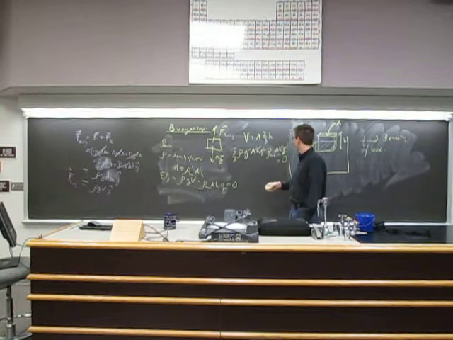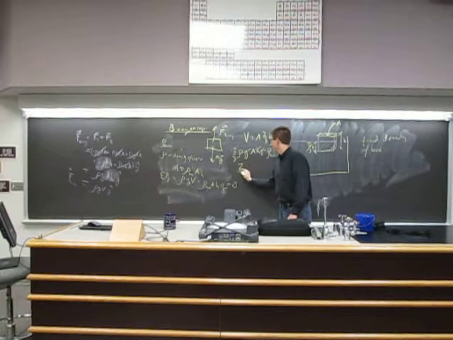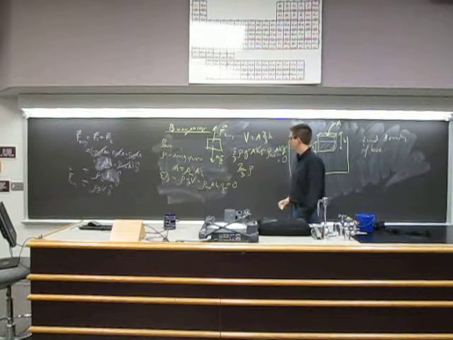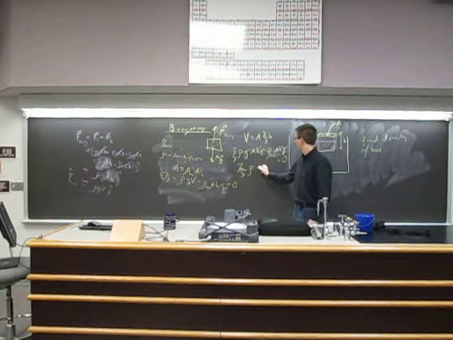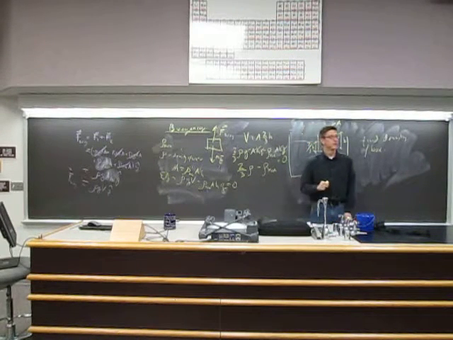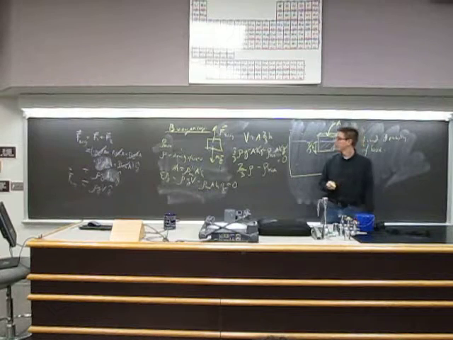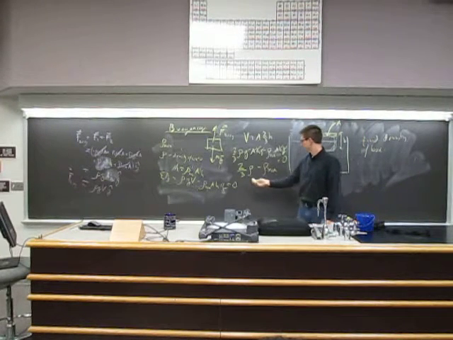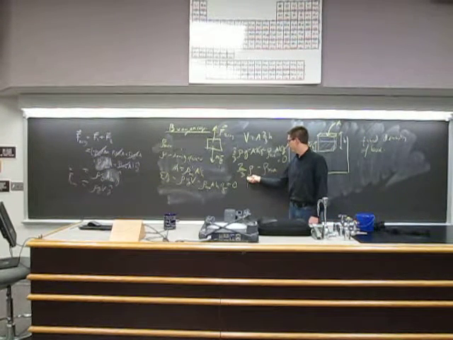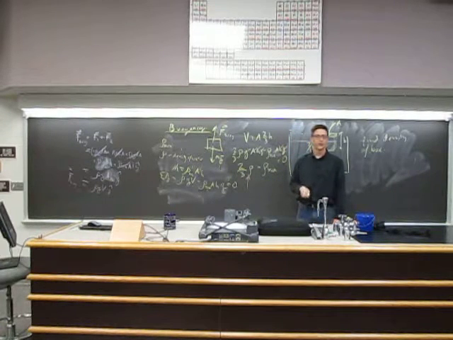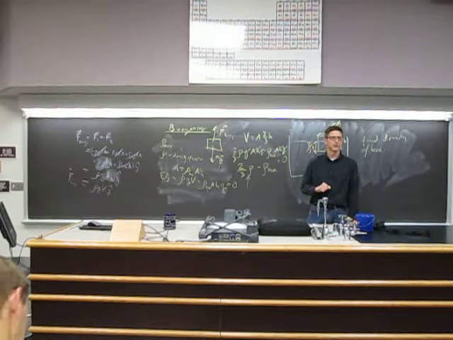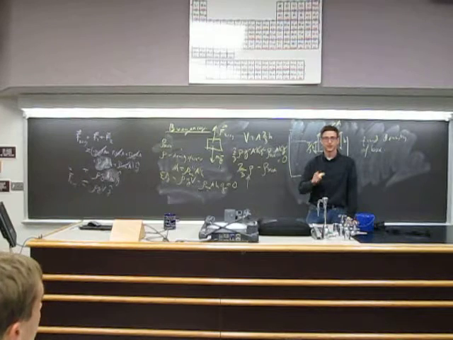I can bring this rho box over to the other side, and I can see that 2/3 rho, which is the density of water, is equal to rho box. And how much is the density of water? 1,000 kilograms per meter cubed.